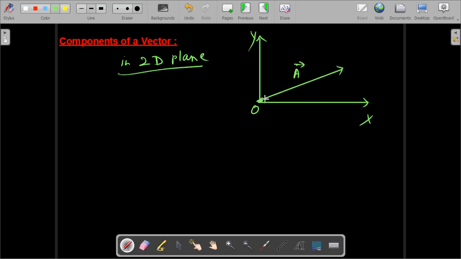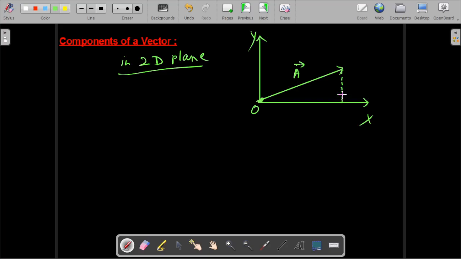Here we simply split the given vector in these two directions, the x-axis and the y-axis. How can we write that?